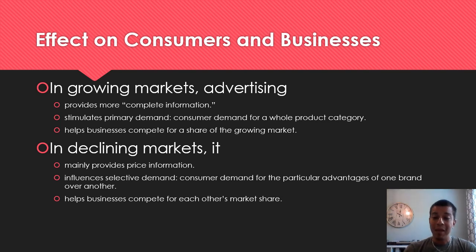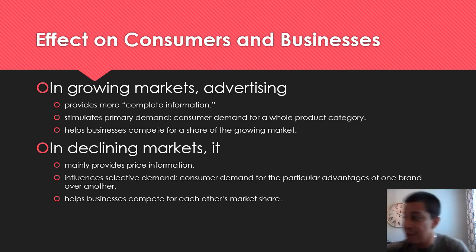And what ends up happening there, just like you see with the car business, is that there's a declining market, so the advertising content has to change. So mainly they provide price information, and so you're starting to see that with the iPhone as well. You're starting to see the influence of selective demand, which is the consumers are demanding for their particular advantages of one brand over another.